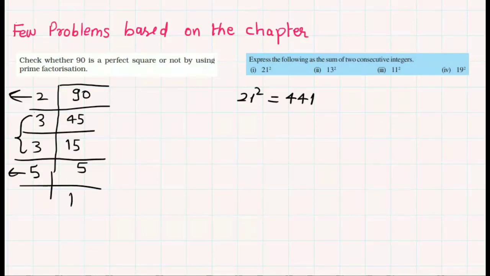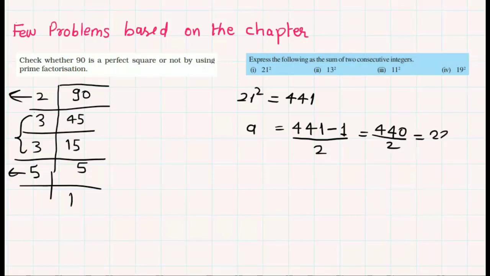Now to represent it as a sum of two consecutive integers, what do we do? Yes, we do a equal to 441 minus 1 by 2, equal to 440 by 2, equal to 220.